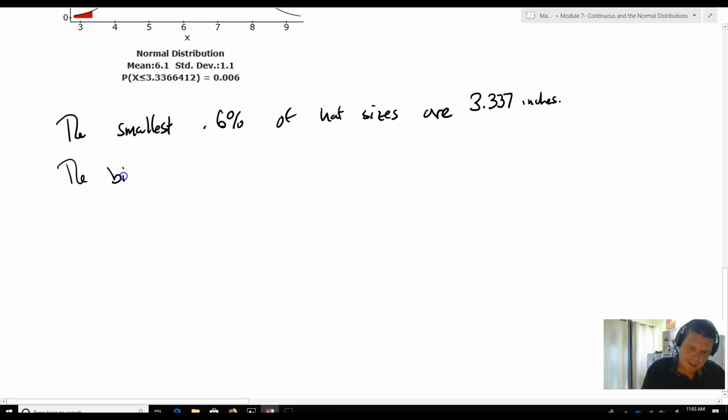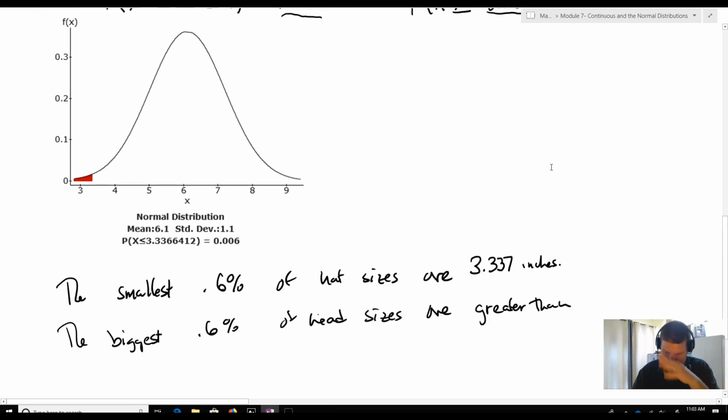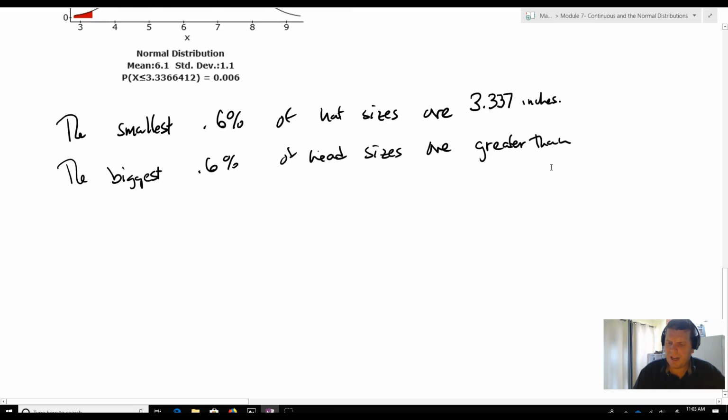The biggest 0.6% of, and I think it's head sizes, hat sizes, same thing, are greater than or equal to 8.863 inches. And that actually answers my question.